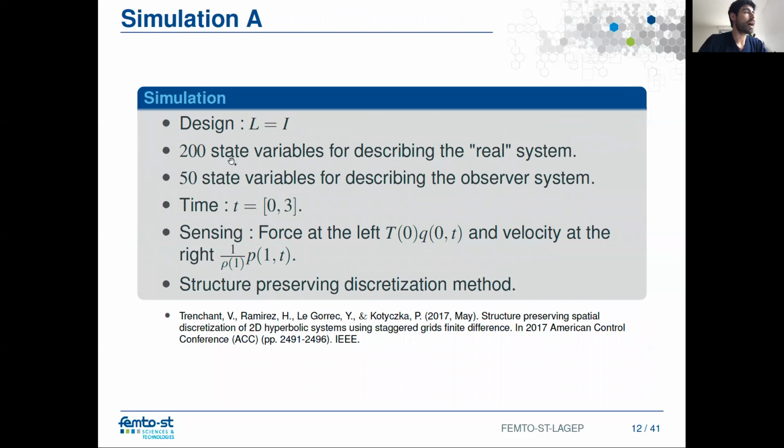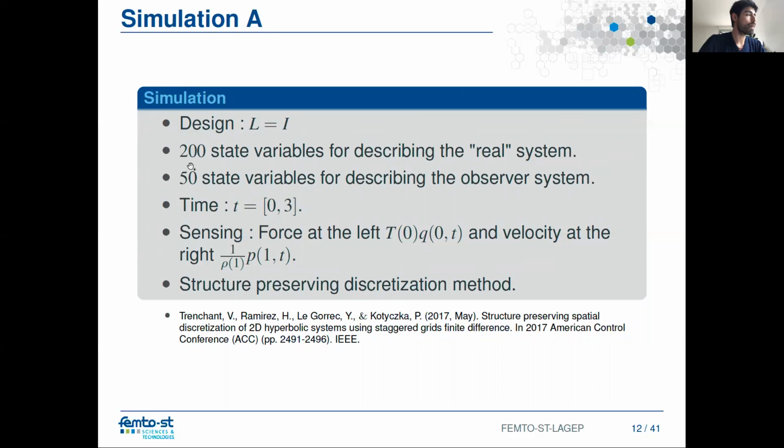We simulate a real system with 200 state variables, and also we simulate an observer for this system, because we are proving the stability always for the real system. So the observer with this size is the one we can prove.